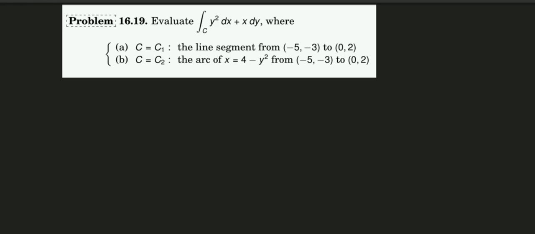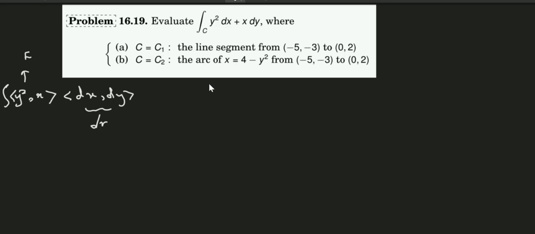So in the integral of y squared dx plus x dy, P is y squared and Q is x. This is the vector field F, which has a dot product with dr. dr is dx and dy.